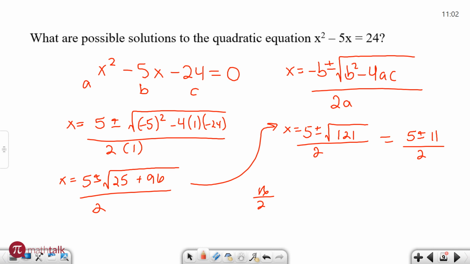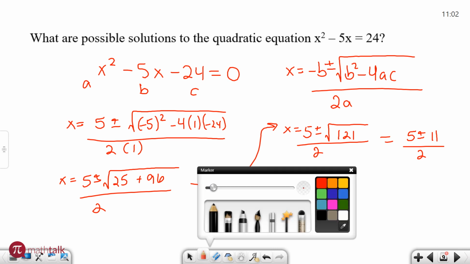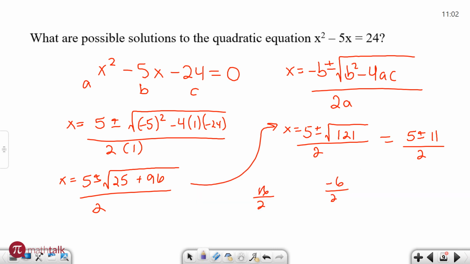And 5 minus 11 is -6 over 2. And so if we simplify those a little bit, 16 over 2 is 8. And -6 over 2 is -3. So these are actually our two answers to the quadratic equation.